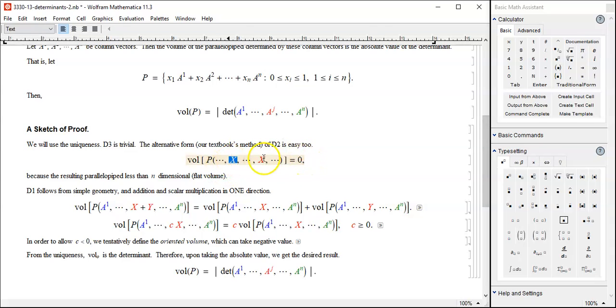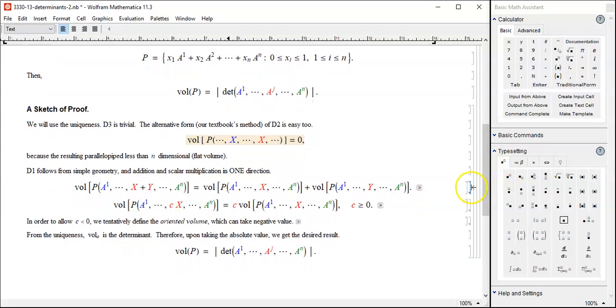If you have two identical columns, what do you mean by that? It's flat. So we are losing a dimension. So what is the three-dimensional volume of a two-dimensional parallelogram? And that, of course, is 0. What is the two-dimensional area of a line segment, which is one-dimensional? Always 0. So alternating, that also is 0. No problem there.